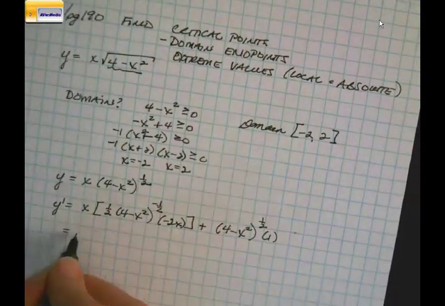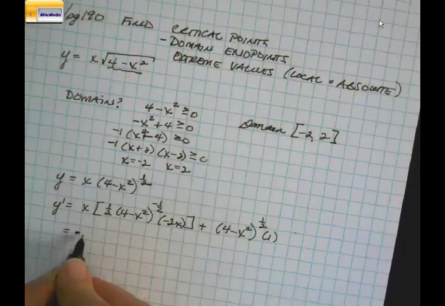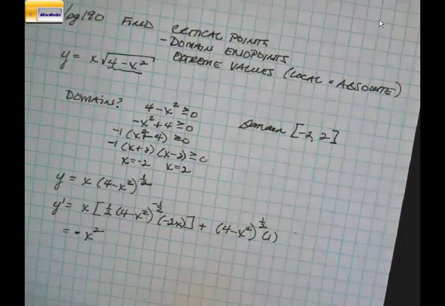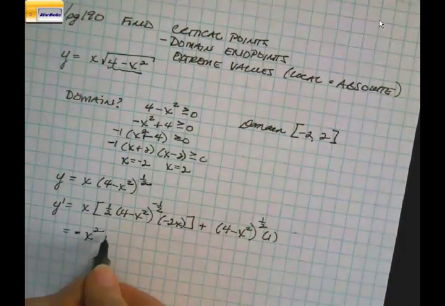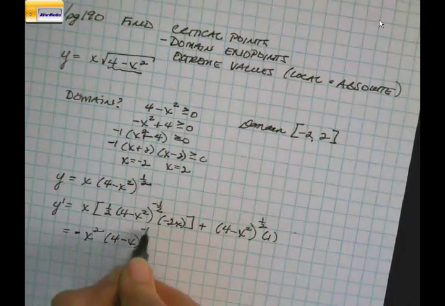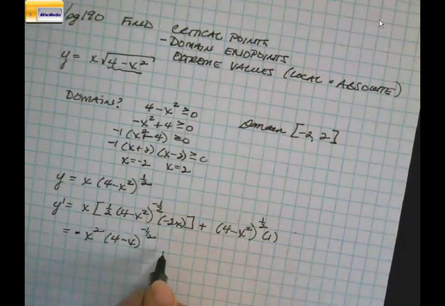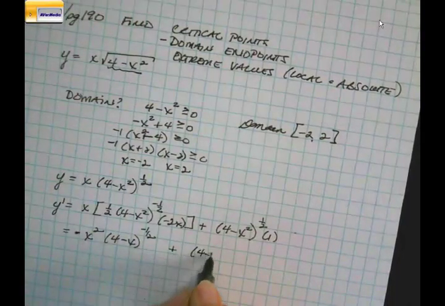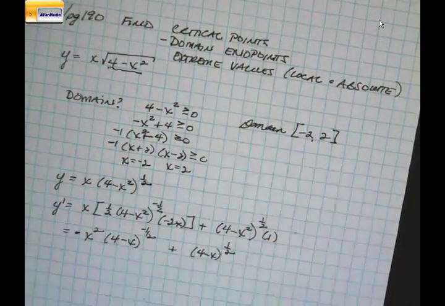So this is a negative x squared times 4 minus x squared to the negative 1/2 plus 4 minus x squared to the 1/2.